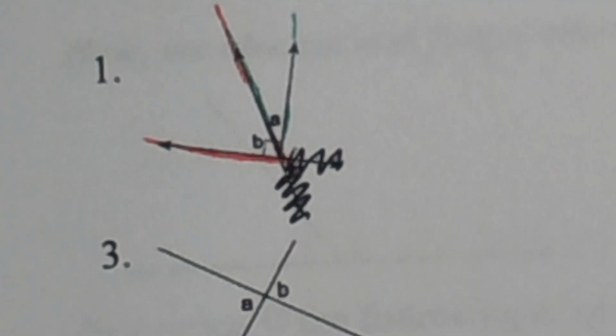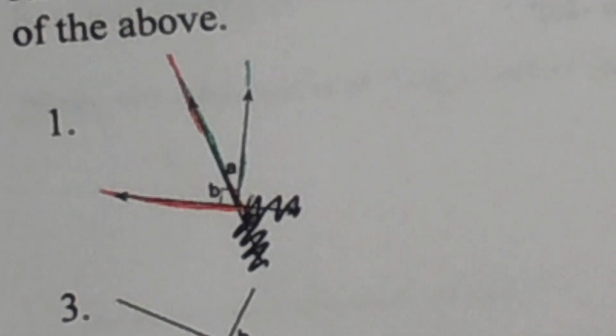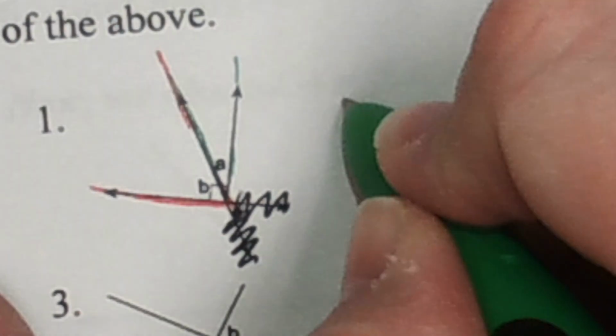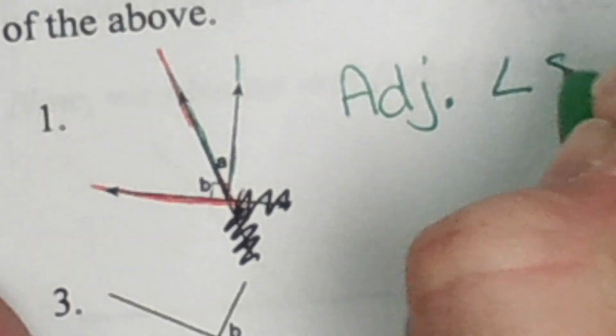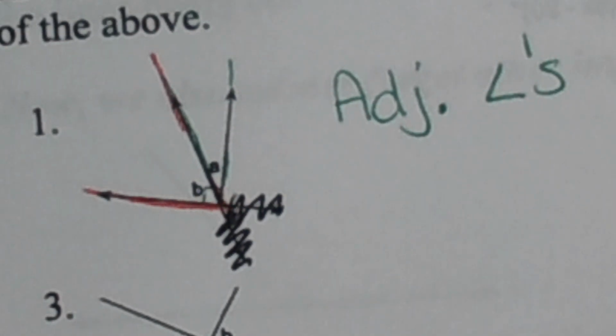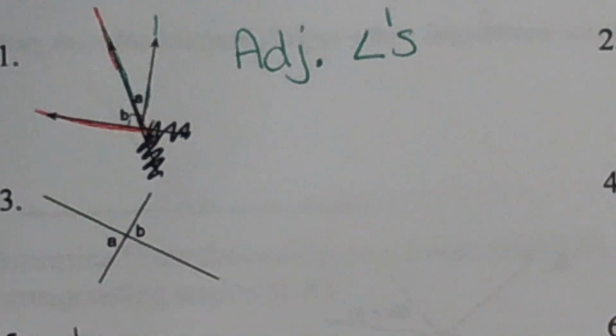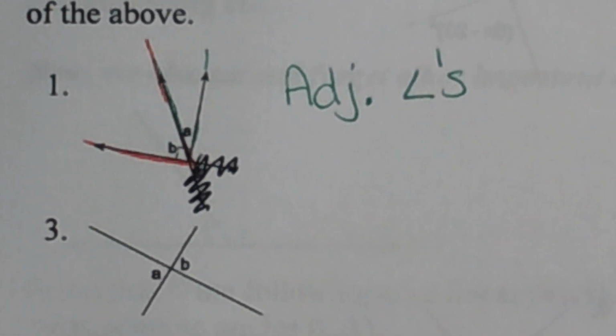Do they form a straight line? No. Okay, next to one another sharing a middle ray, not making a straight line is adjacent angles. So that's our first one.